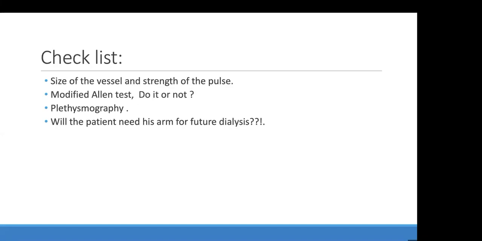The usual checklist that comes to my mind when I do a radial access, and I think you should encourage yourself as a fellow to do it, is to feel the radial artery and see the vessel size. Is it big? Sometimes I've gone into a big guy with an 8 French sheath, where his radial was very big and juicy. The strength of the pulse is a factor.